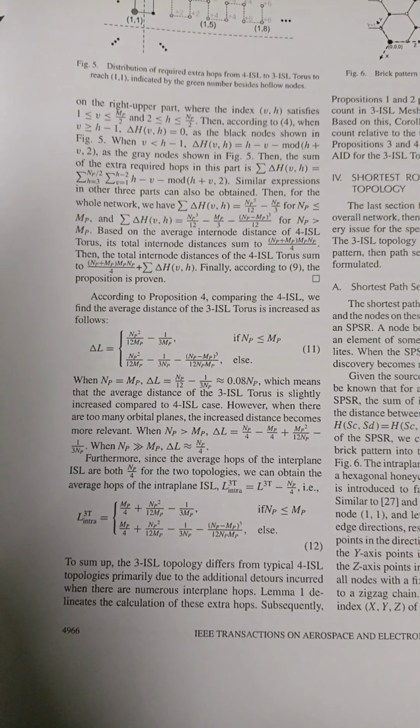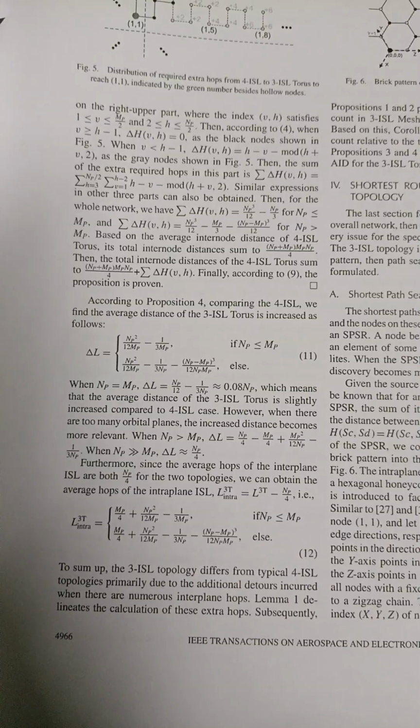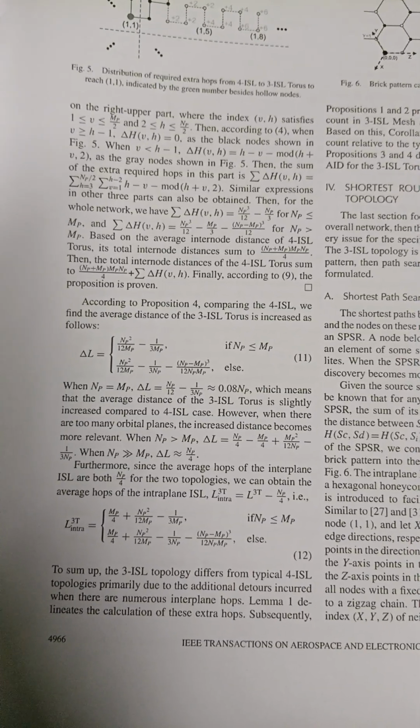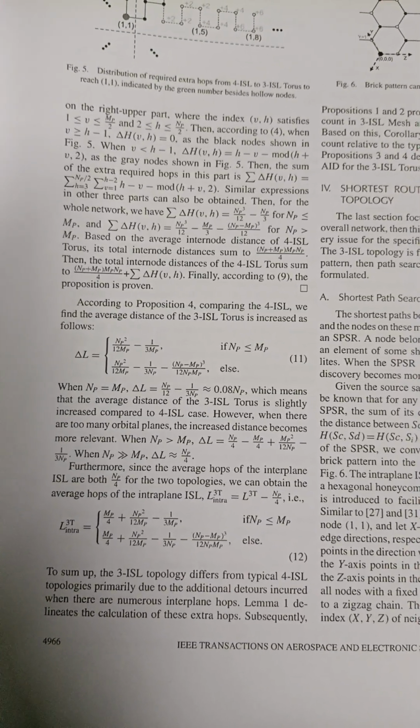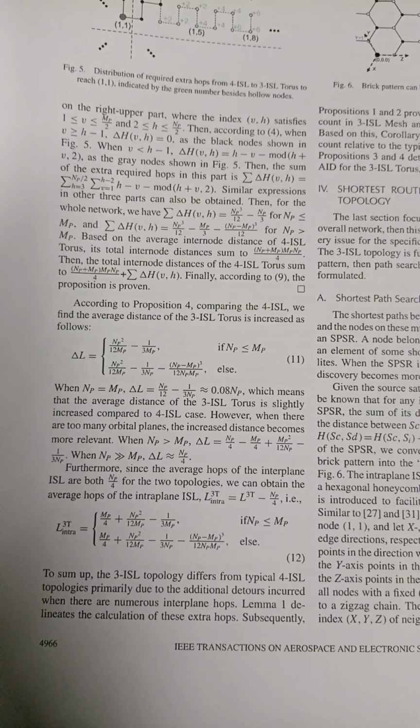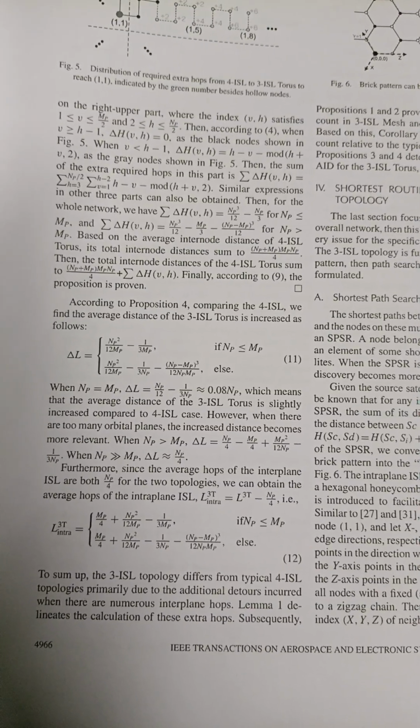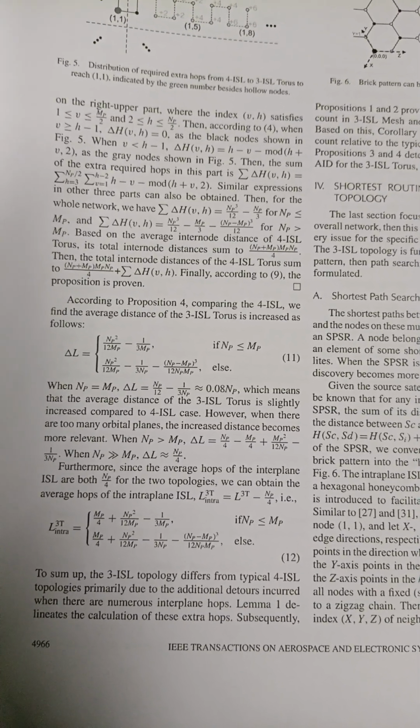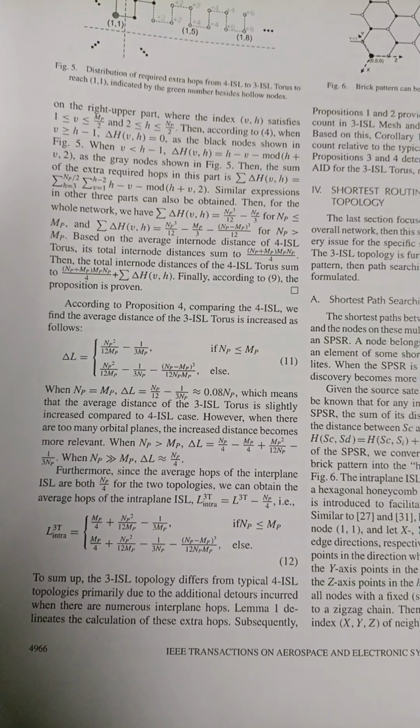To sum up, the 3-ASL topology differs from typical 4-ASL topologies primarily due to additional detours incurred when there are numerous interplane hops. Lemma 1 delineates the calculation of these extra hops.